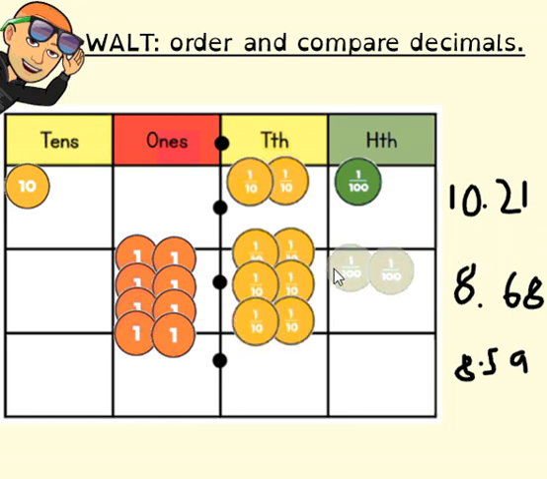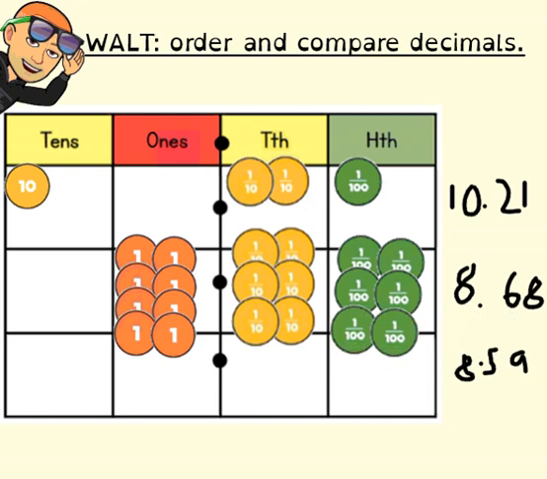2, 4, 6. And I've got 8 hundredths. Now, come on, come on. There we are. Now, it would appear this time that I've got many more counters than I did previously. However, 8.68 has a lower value than 10.21 because I do not have any tens in my tens column.